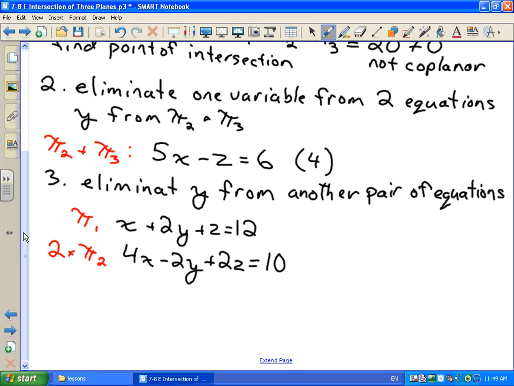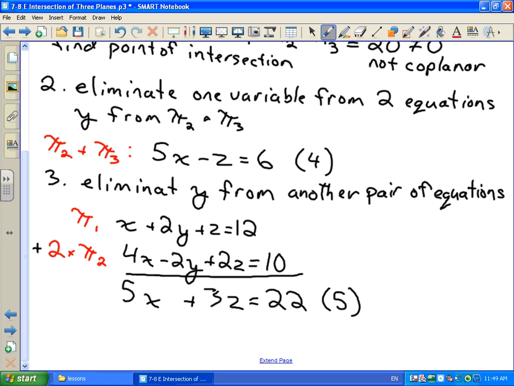Okay. And then we can add these two. So we've got plane 1 plus 2 times plane 2. Let's add these up. What we're going to get here is 5x plus 3z equals 22. Let's call this equation 5.